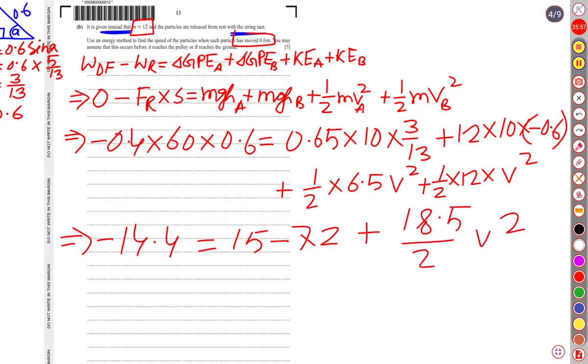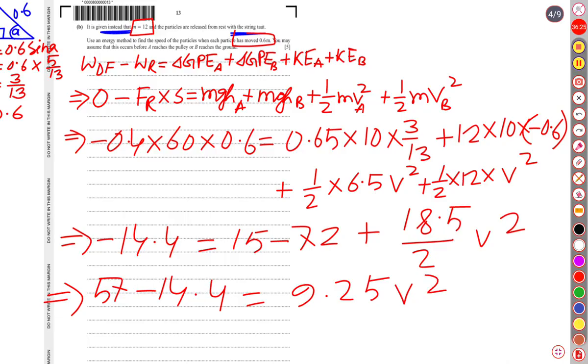Well, if we calculate this, 15 from 72. If we subtract 15, it is 57. So 57 is negative, it is going to be positive. So let us write 57 minus 14.4 is equal to 9.25 v squared.